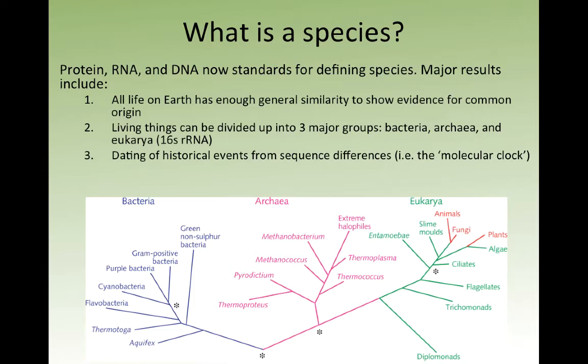And if we know, we can count up how many differences we see between two species, and we have some idea based upon fossil record or based upon some other geological signature of when these two species might have had a common ancestor. We can actually say, well, this many mutations is equivalent to this many millions of years. And by doing that, we're able to back calculate the molecular clock of a tree.